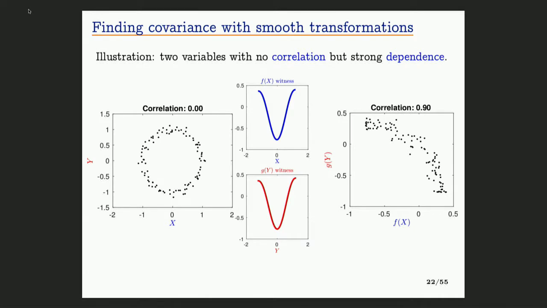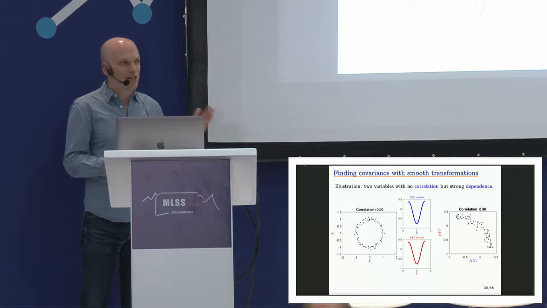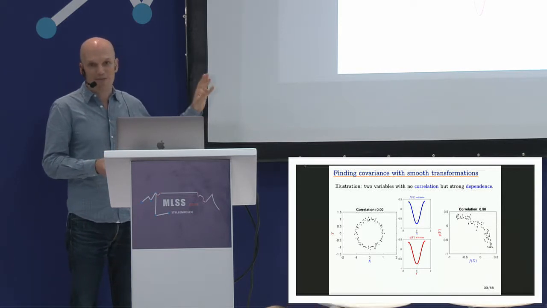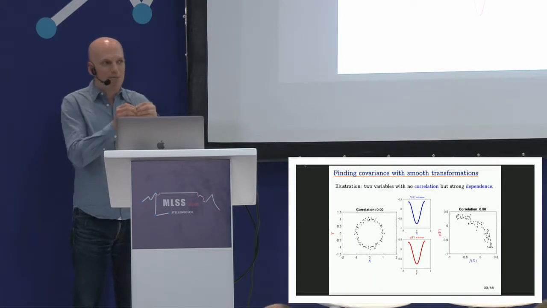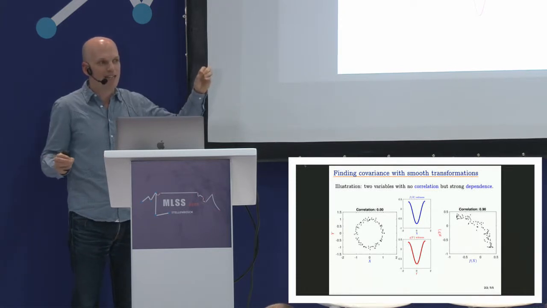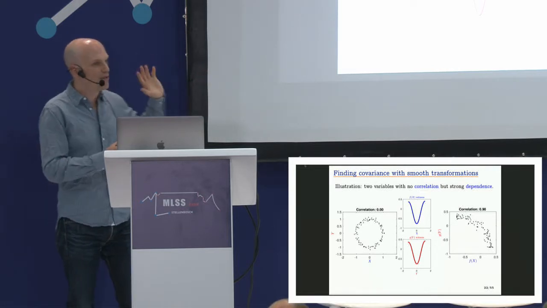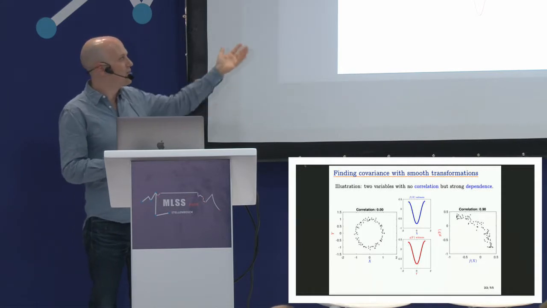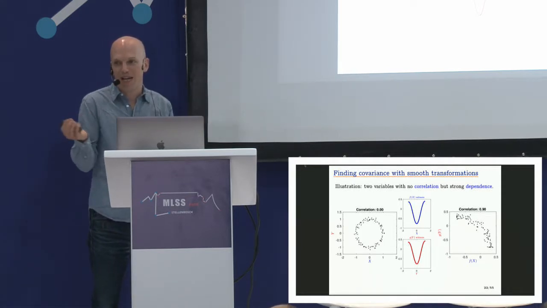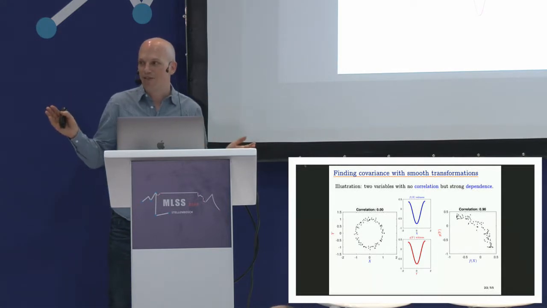That's a more general notion of dependence because I'm allowing my variables to transform so that I can get strong linear covariance. But I'm restricting my class of transforms. If my transforms were arbitrarily non-smooth, I could make my variables line up in a perfectly straight line, no matter how independent they were. And that would be useless. So I need my transformations to be simple. And I think this is much more interpretable, because if somebody asks me, are x and y dependent, I can say, well, if I map my x through this smooth function and y through that smooth function, my correlation is really, really significant.